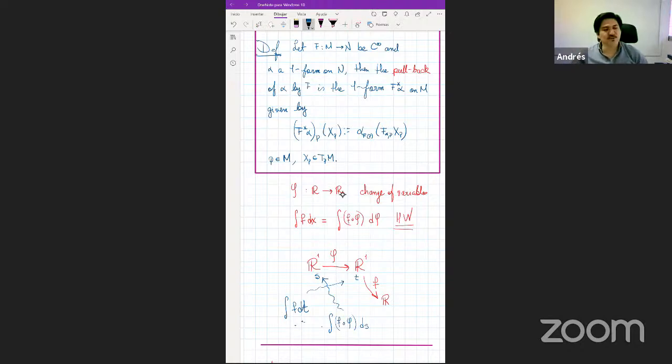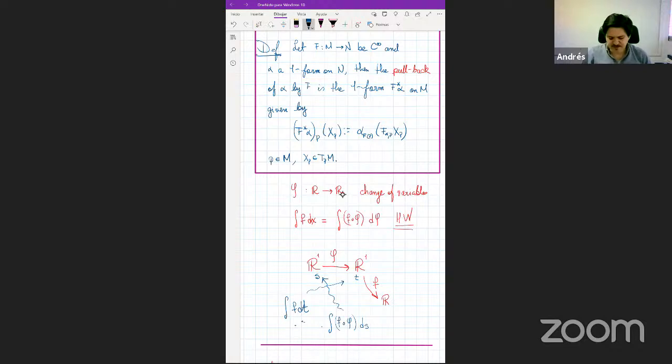What do you do when you want to integrate and you do the change of variables? To make things simpler, I just wrote it on R to R. You can do it on R2 even more explicitly from Cartesian coordinates to polar coordinates.